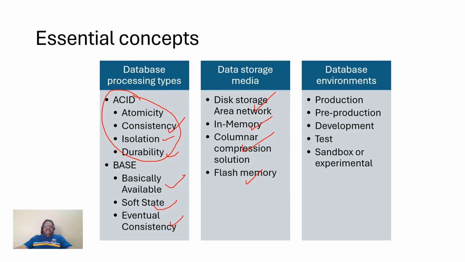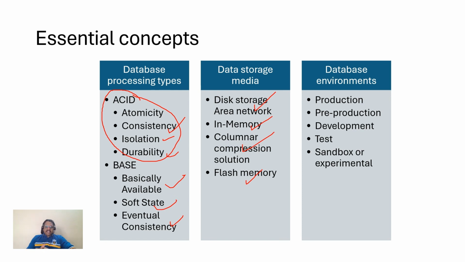Production, that's the real deal where the business actually operates. Pre-production, think of it as a final dress rehearsal. Then development is where the development happens. Then quality, this is a systematic check to make sure software matches the quality standards and works as expected.